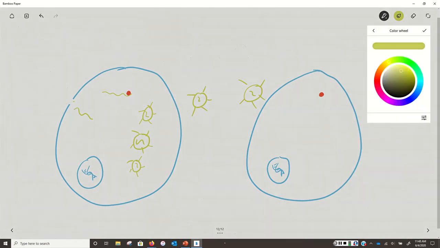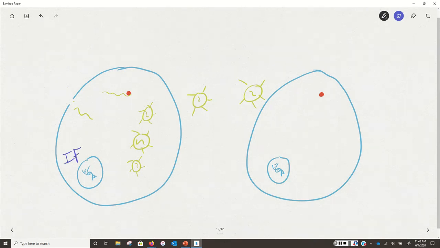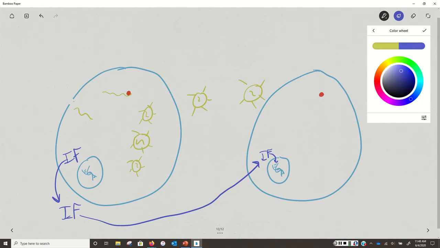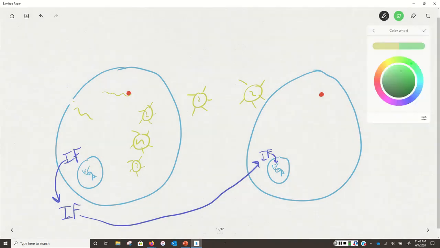And interferon does absolutely nothing for this cell. But the interferon is secreted by this cell, and it travels to neighboring cells. And interferon goes to the DNA of neighboring cells and tells it to make antiviral proteins.